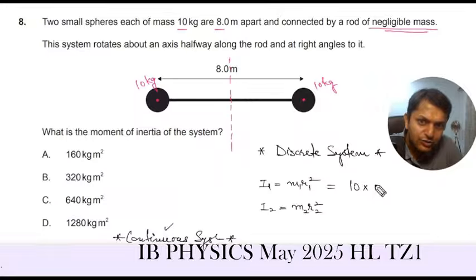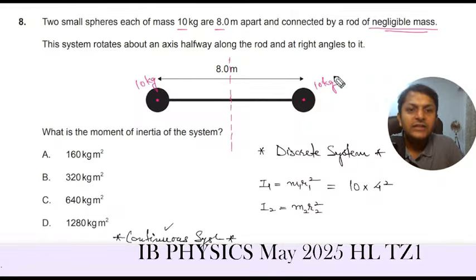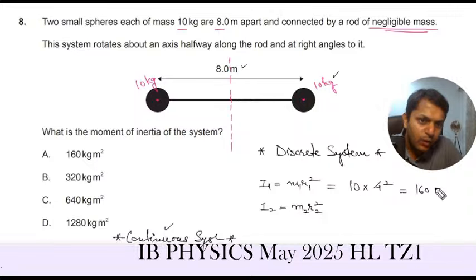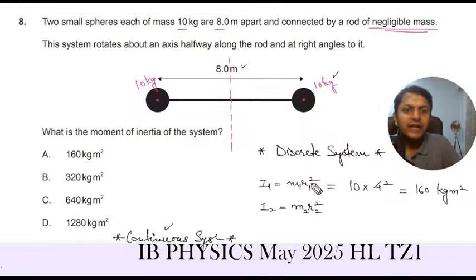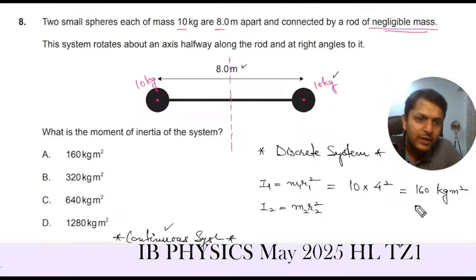So 10 into the radius 4 squared, and be careful about the units. 10 kg is SI, meter is SI unit, so no problem. 4 into 4 is 16, so it will be 160 kg meter square. That is the unit of moment of inertia. You can derive it from this. And 160 kg meter square will be for the other ball.